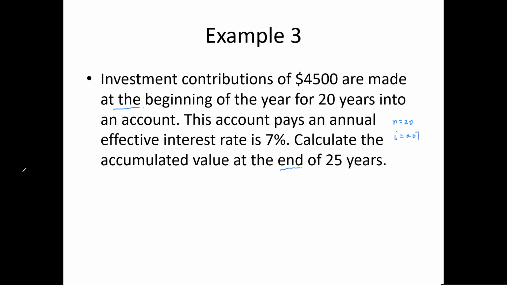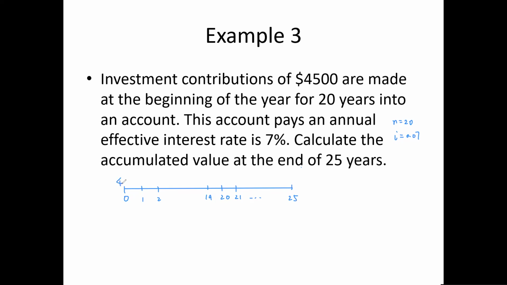Okay, I wanted to draw a timeline. It's very helpful to draw a timeline to make everything clear. All right, time 0 here, 1, 2, and then 19, 20, 21, and then you have 25. That's the end of year 25.